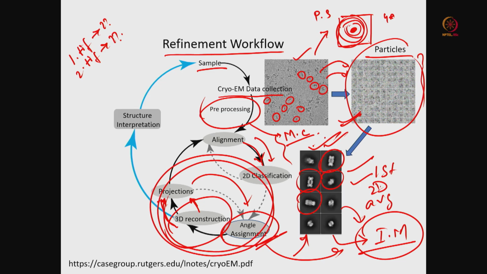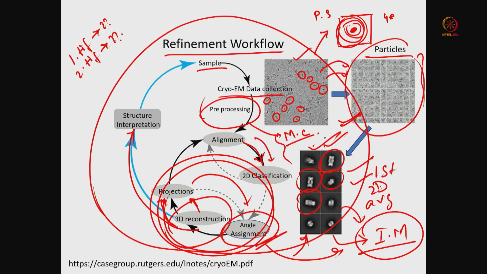When your alignment is done, finally you will converge and get a high resolution structure, that is called the 3D reconstruction. So, this is the entire pipeline to determine the 3-dimensional structure.